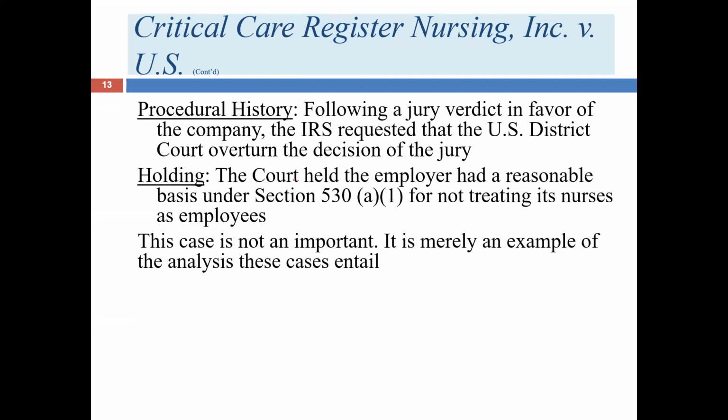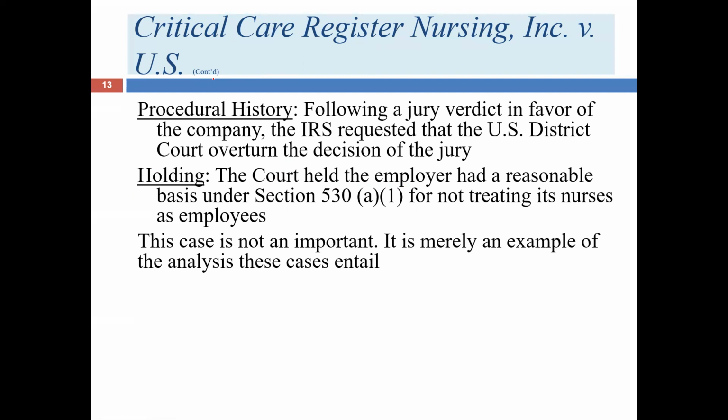And in this case, the court ruled with the employer, ruled with Critical Care, and said, nope, these individuals were not employees, and therefore the company was entitled to not withhold employment taxes or pay the relevant employment taxes as an employer.